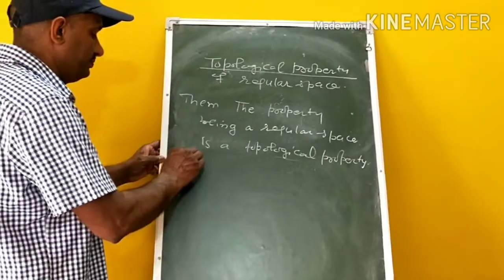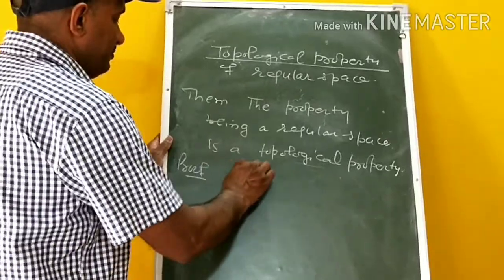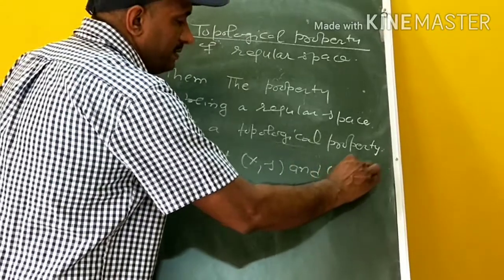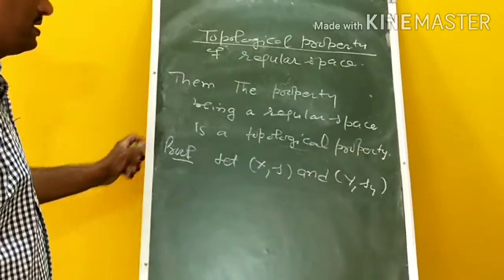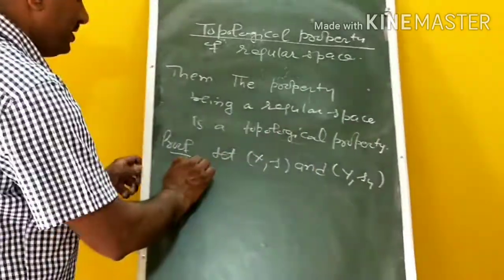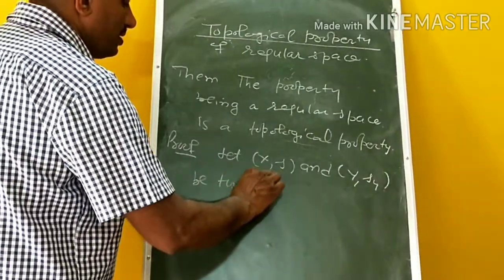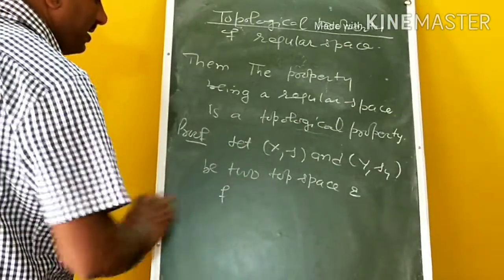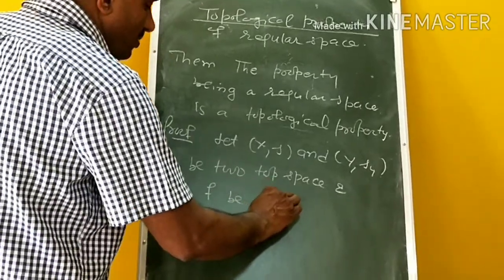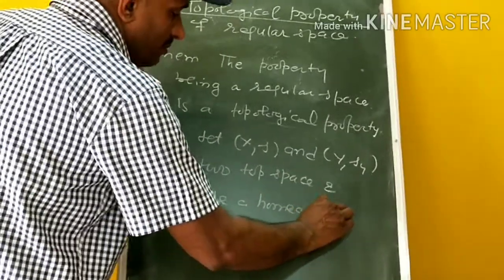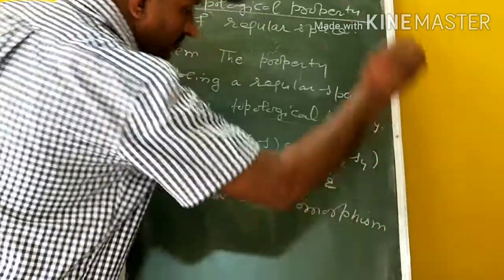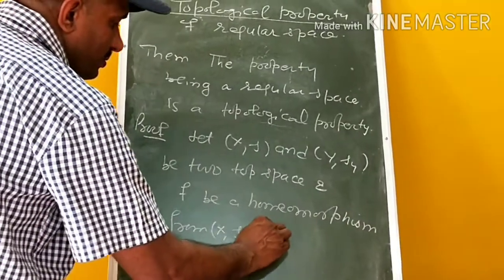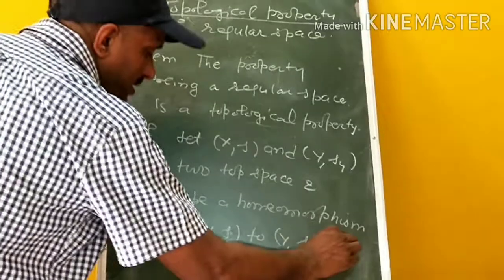Proof. Let (X, T) and (Y, T') be two topological spaces, and f be a homeomorphism from (X, T) to (Y, T') topological space.